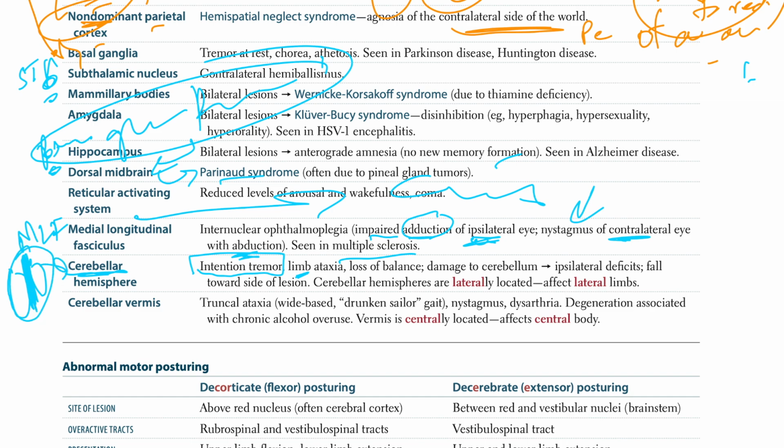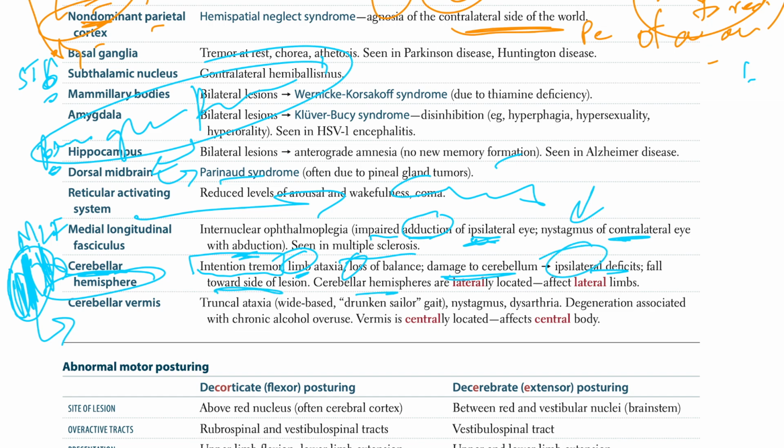So right now we just talk about the hemispheres, left and right. And then we will talk about the vermis here. If you have a lesion of the hemispheres, you will cause intention tremor, limb ataxia, loss of balance. It is all due to damage to the cerebellum, which causes ipsilateral deficits, fall towards the site of lesion.